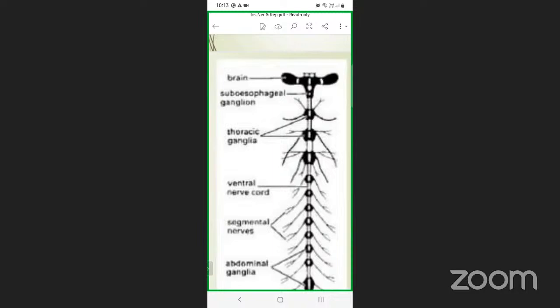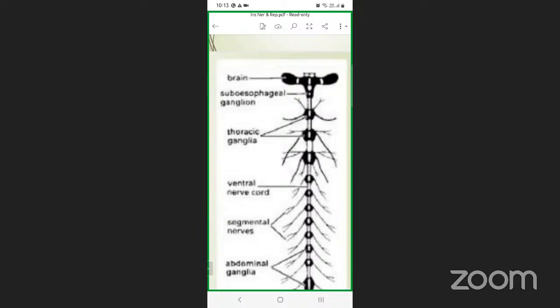It's at the subesophageal ganglion that the nerves connected from the thoracic and ventral nerve cord get united to form the subesophageal ganglion connected to the brain.